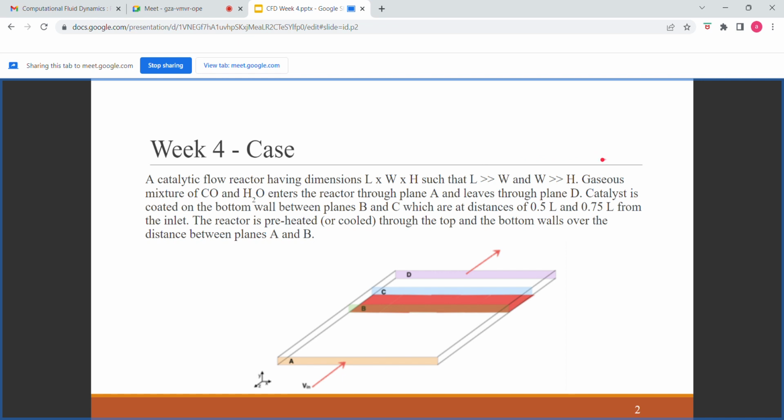It is given that a gaseous mixture of CO and H2O enters the reactor through plane A and leaves through plane D.